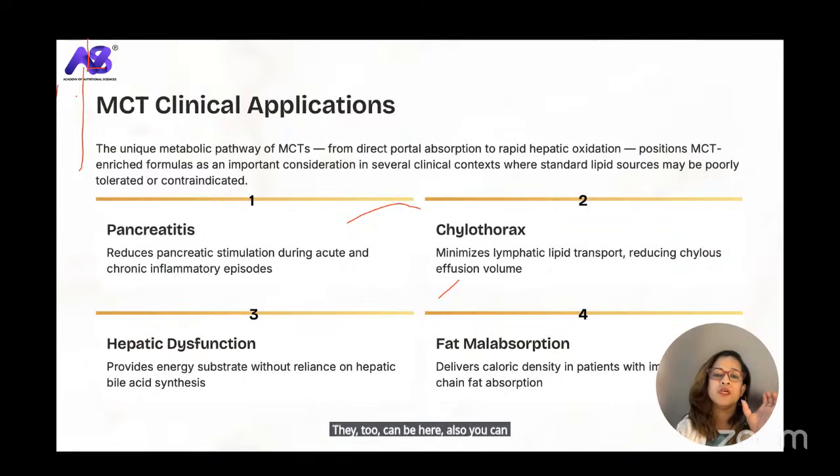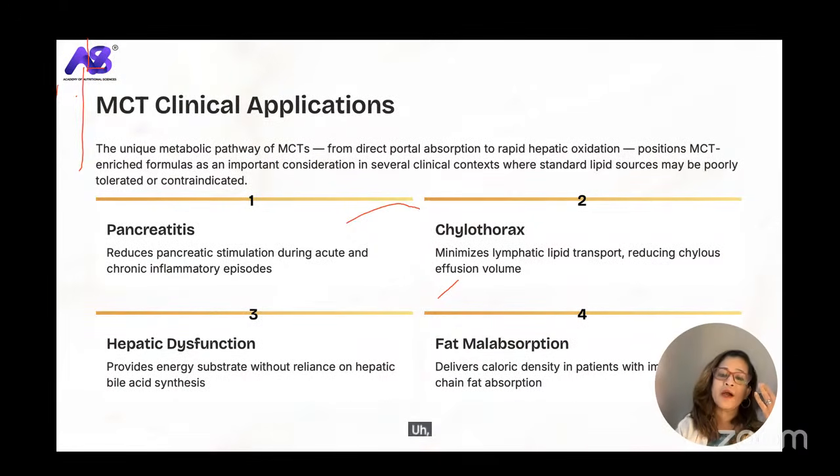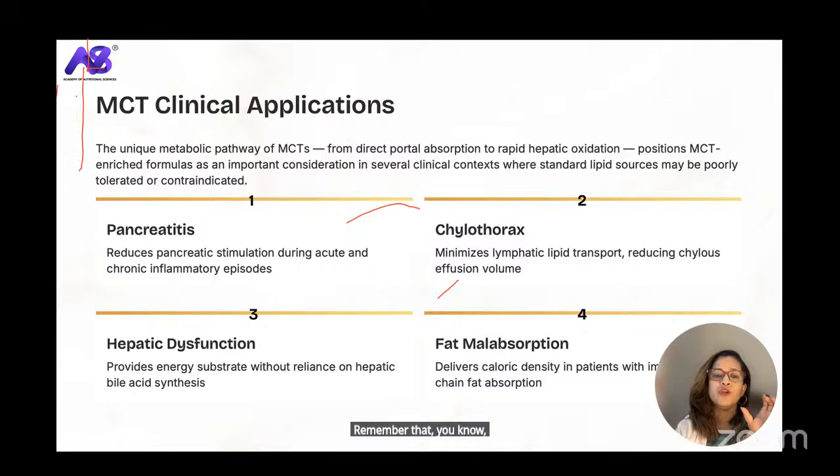You can use MCT oils, or MCTs in powder form, oil form, various forms, or the formula itself will have MCT as a source of fat. So you can choose it in cases like cystic fibrosis, short bowel syndrome, pancreatitis, bile acid deficiency. These are situations where you should remember that you would want to use MCT as a source of fat.